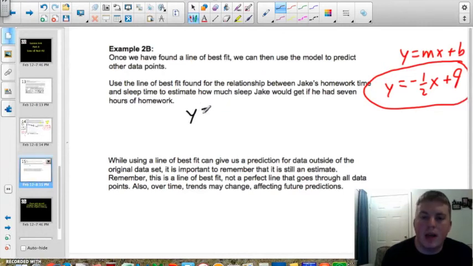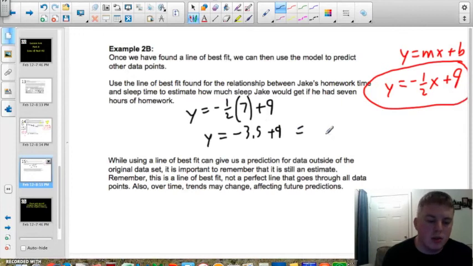So we're going to do y equals negative 1/2 times the 7 hours that we are predicting for plus 9. Now, when we plug that into our calculator, we would get y is equal to negative 3.5 plus 9, which is going to come down to be 5.5 hours of sleep.